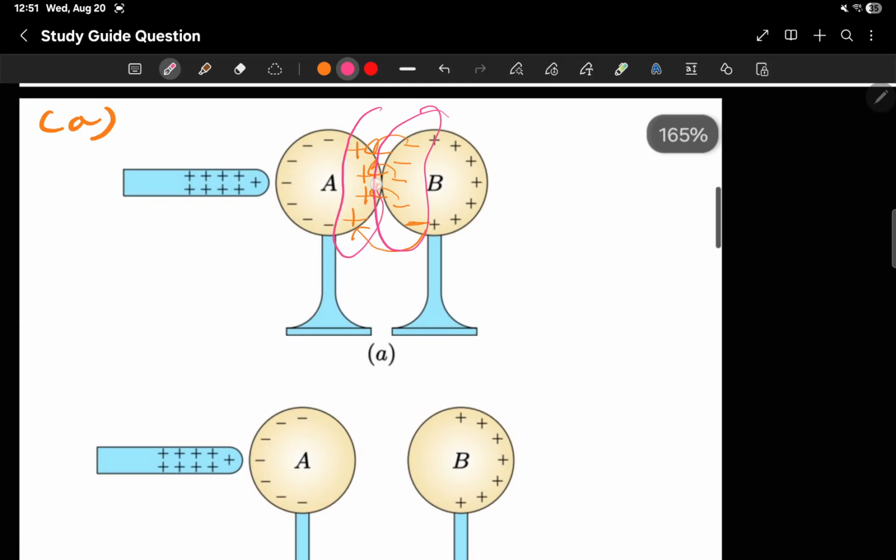Same for sphere A. Sphere A will also try to at least neutralize one of its regions, if not the entire sphere. So as the electrons flow from the left-hand side of sphere B to the right-hand side of sphere A, if we continue to allow that to happen, at the end we'd have a neutral region here, and a neutral region here. And we're left with negative charges on this side and positive charges on that side.